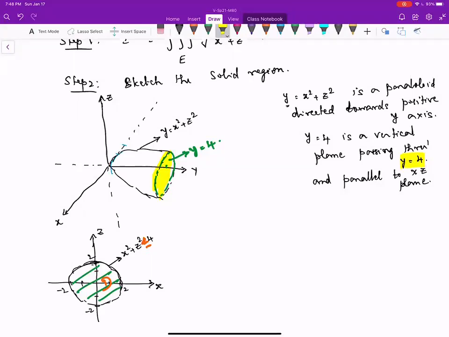Now we are going to integrate this triple integral. So we need the projection of the part where y equals 4 and y equals x squared plus z squared meet, the projection onto the xz plane. What is the domain of the solid on the xz plane?